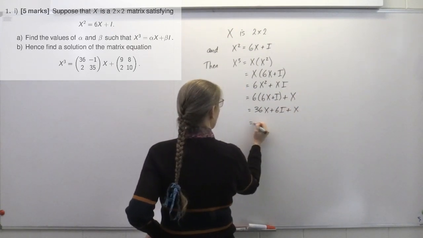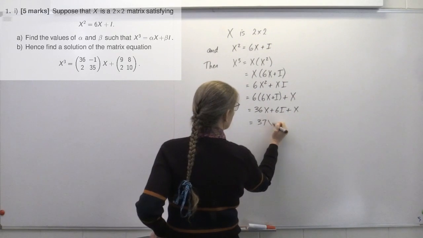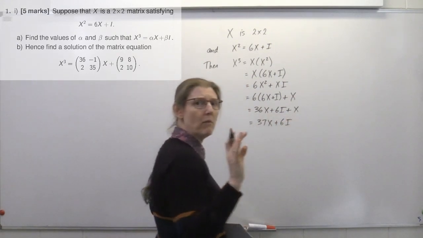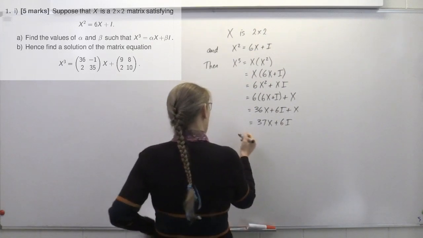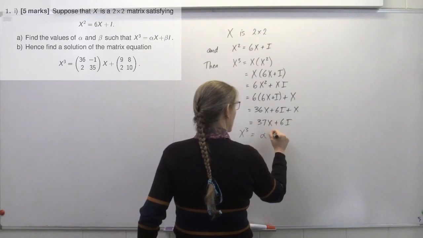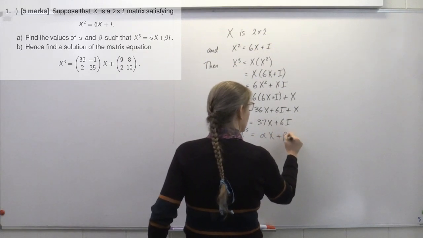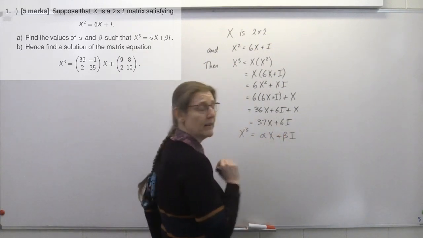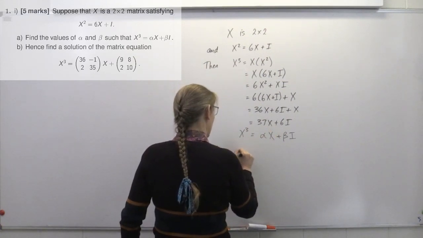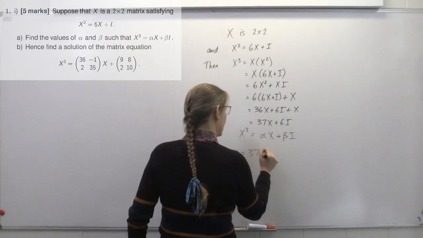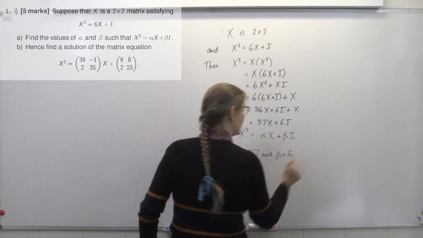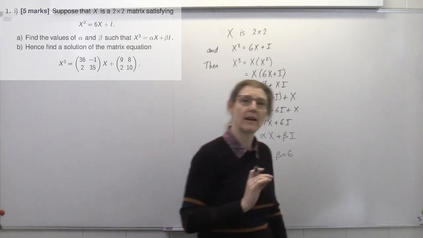So that's all together, grouping things up, 37x plus 6I. Now remember, what we wanted to do was actually write x cubed is equal to alpha times x plus beta times I. So we can just directly identify alpha is 37 in this case, and beta is equal to 6. All right, so far so good.